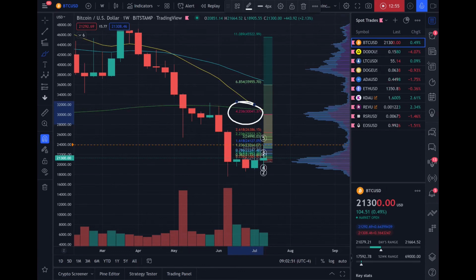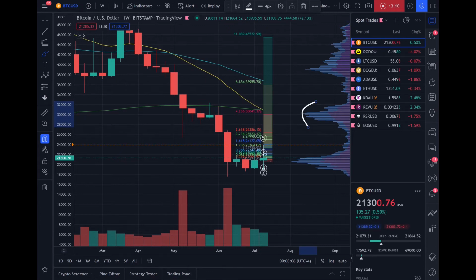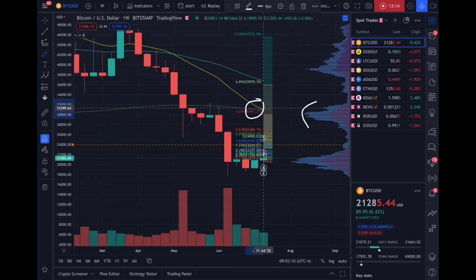This is why I have 4236, 6854, and 11089, okay? These are all important Fibonacci levels for extensions. So I like 30K. This is what the VPVR is saying. VPVR is saying 30K. My EMAs are saying 30K. Both the 21 and the 144 converging at 30K.